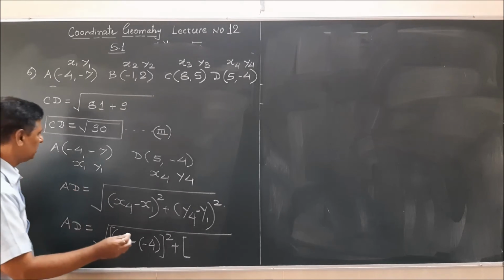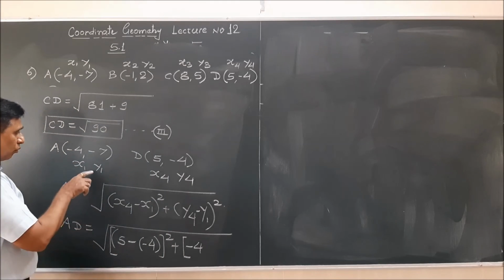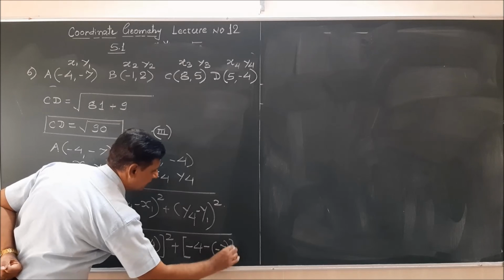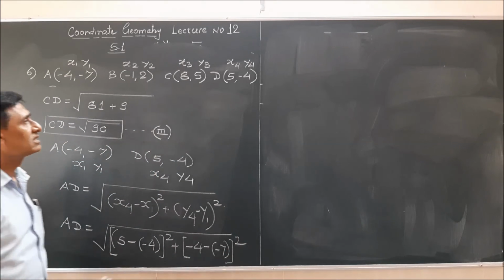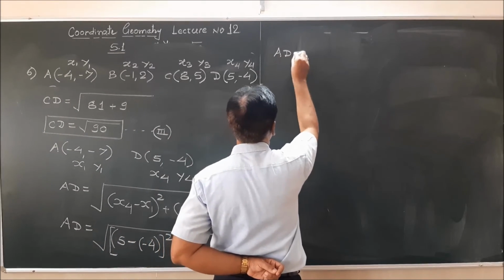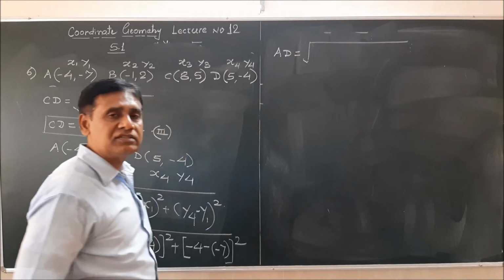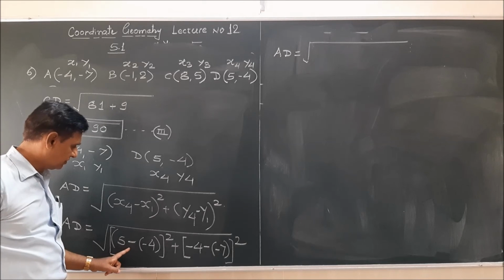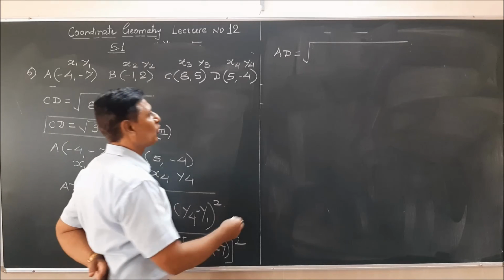Now y4 is minus 4, minus y1, be careful here, minus of minus 7, the whole square. So the value of AD is equal to root of 5 minus into minus is plus, and 5 plus 4 is 9.